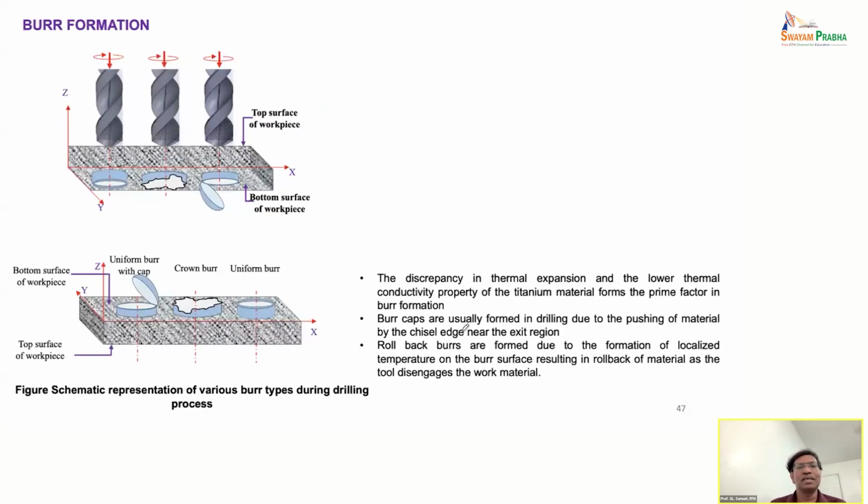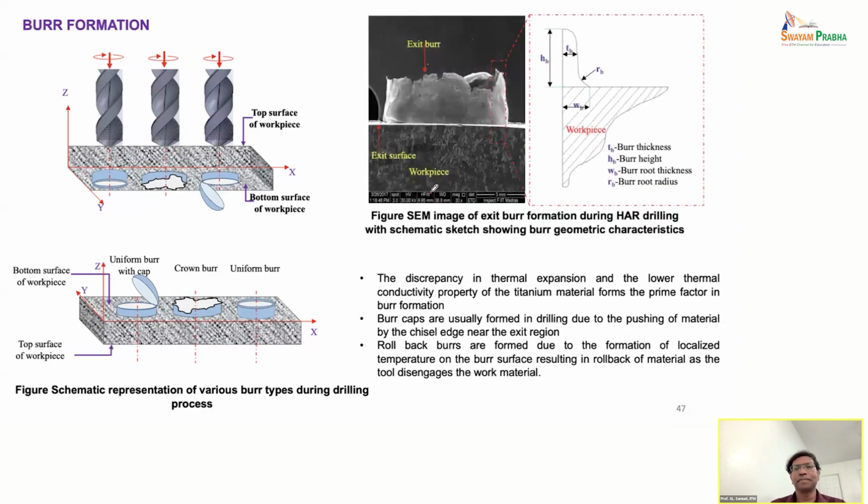Whenever the drilled tool, when we have a through hole here, the burrs will get formed and then they'll get stuck to the surface. But with the textured tools, we find that we can have a better surface with decreased burrs.